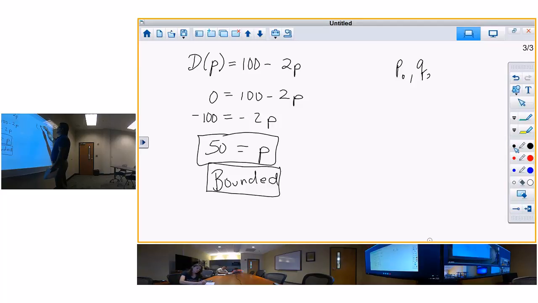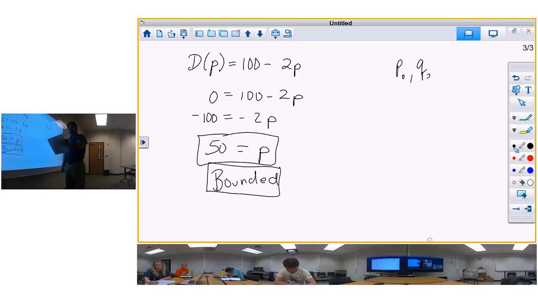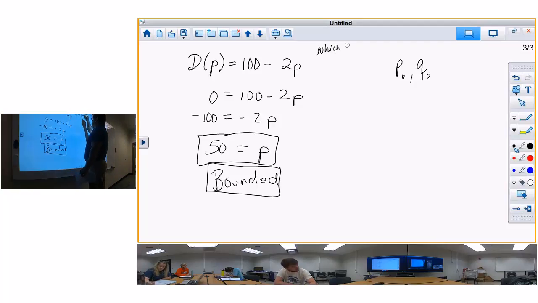So what exactly was the question asking for? It says, that's what I've said 2 or 3 times, determine whether there is a specific market price above which demand is 0. That's what you're looking for.